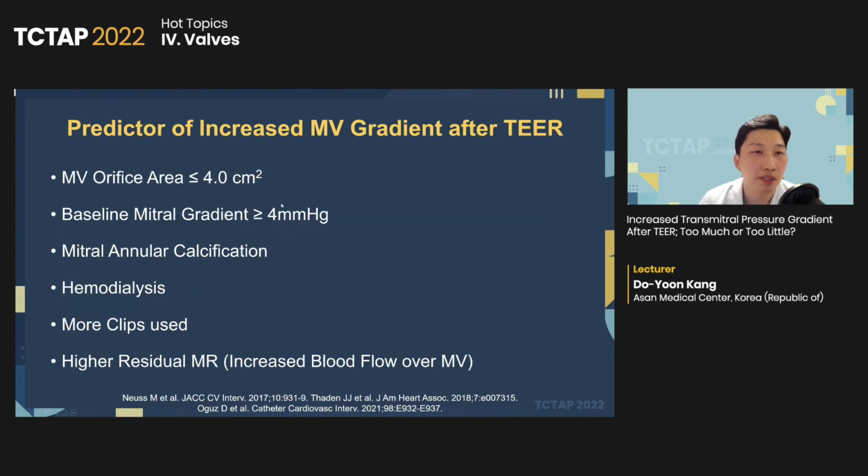There are some known predictors for increased mitral valve gradient after TEER. A smaller mitral valve orifice area before the procedure and an increased mitral gradient before the procedure are strong predictors of increased mitral valve gradient after the procedure. Also, mitral annular calcification, patients undergoing hemodialysis, more clips used, and higher residual MR, which means increased blood flow over the mitral valve, are strong predictors.